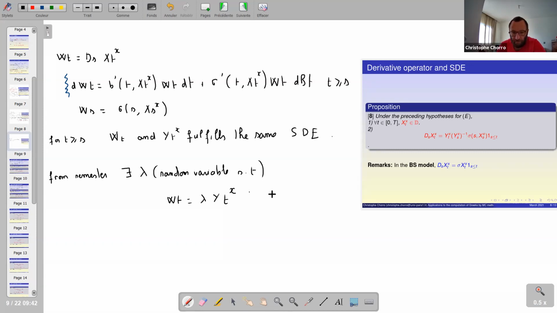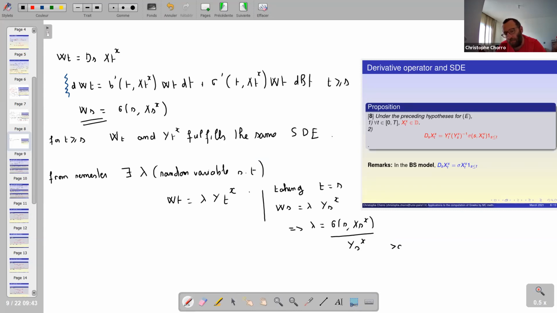And if I take t equal to s in this equality, I have that Ws is equal to lambda Ys of x, and I know what Ws is. Ws is equal to sigma s xs of x, so I have lambda equal to sigma s xs of x over Ys of x.